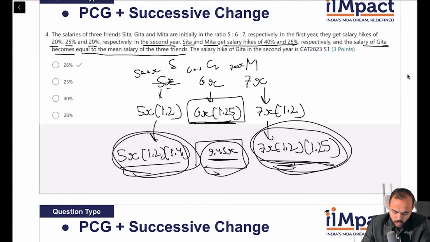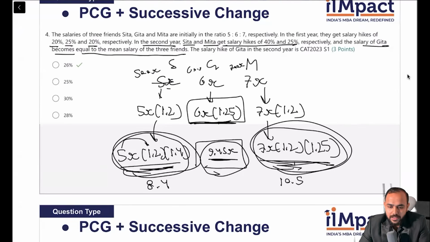I think this turns out to be 10.5, if I'm not wrong. 7 into 1.2 is 8.4, and a quarter of 8.4 is 2.1. So that is 10.5. And this will turn out to be 6 into 1.4, which is 8.4. So 18.9 half is going to be 9.45. And this is 6x into 1.25, that is 7.5x.